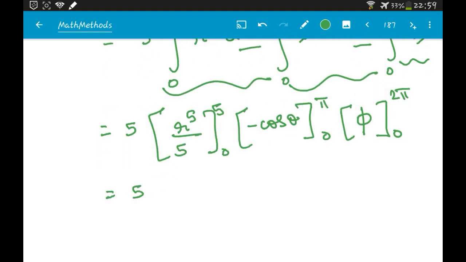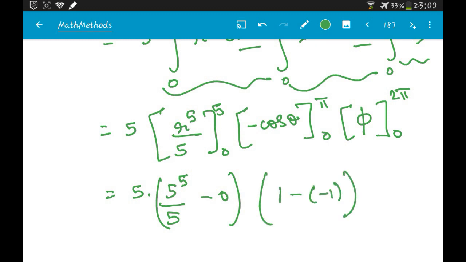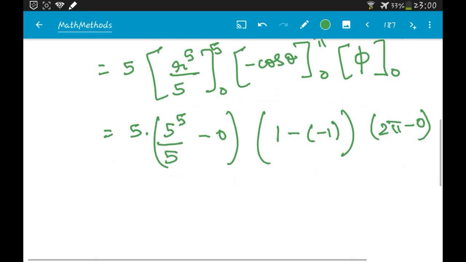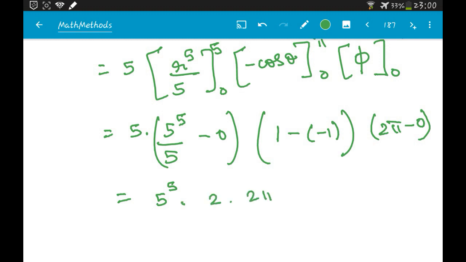So we have 5 into, so r power 5, this will be 5 power 5 by 5 minus 0, and this will be 1 minus of minus 1, and this will be 2 pi minus 0. So we are going to get 5 power 5 into 2 into 2 pi. So the answer is 4 pi into 5 power 5 by 5. So this is your result.